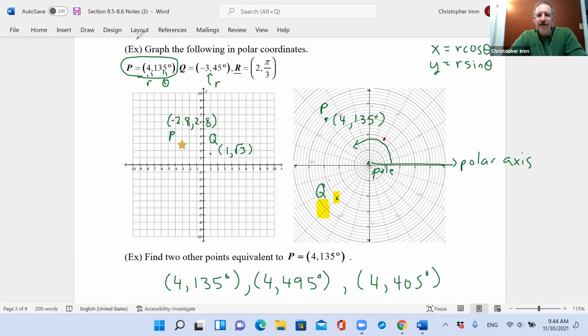Oh yeah, that was Benjamin. Could you plot R for us, Benjamin? So R is going to be, oh, there it is. Awesome, very good. I think that's everything.